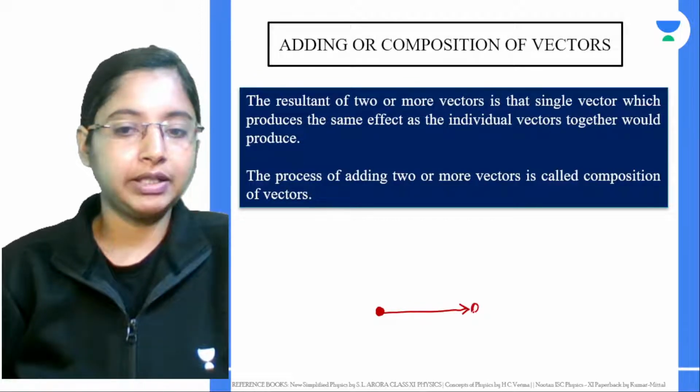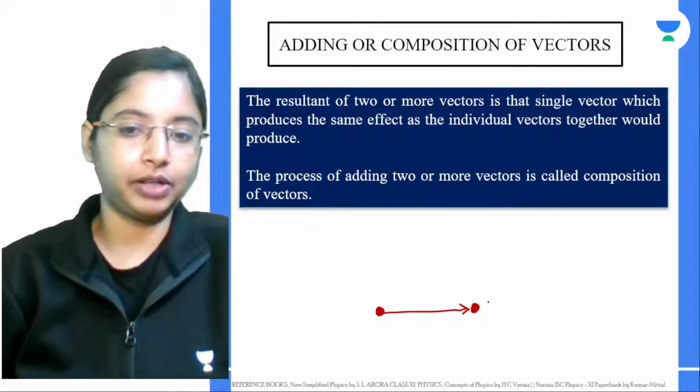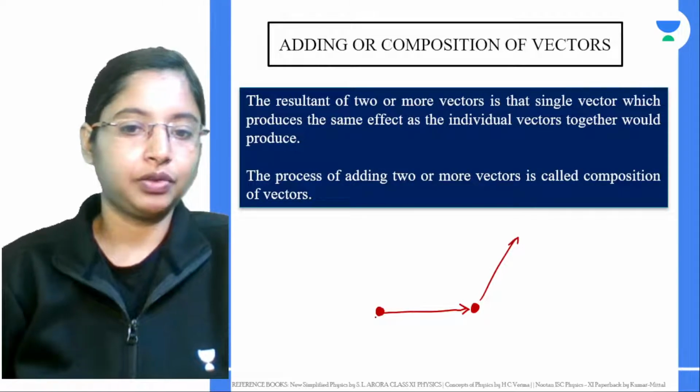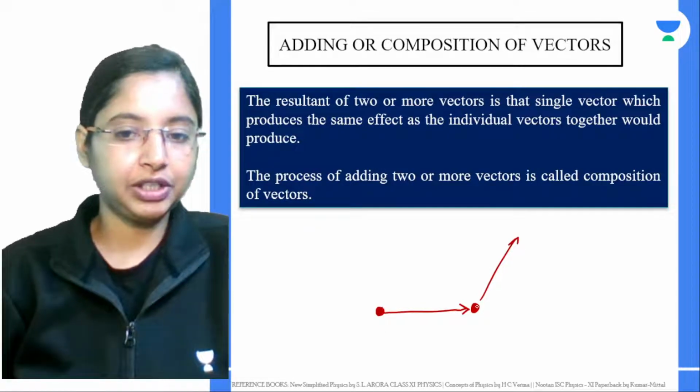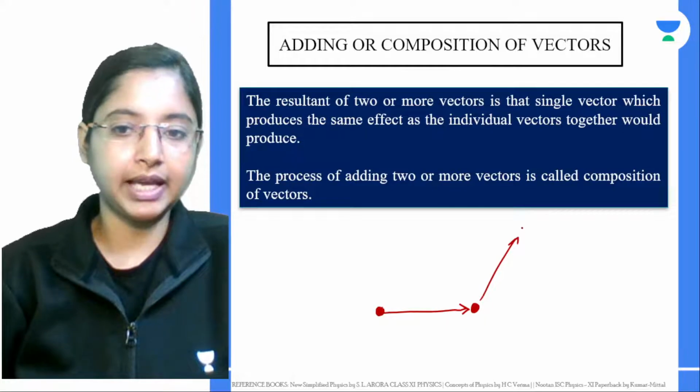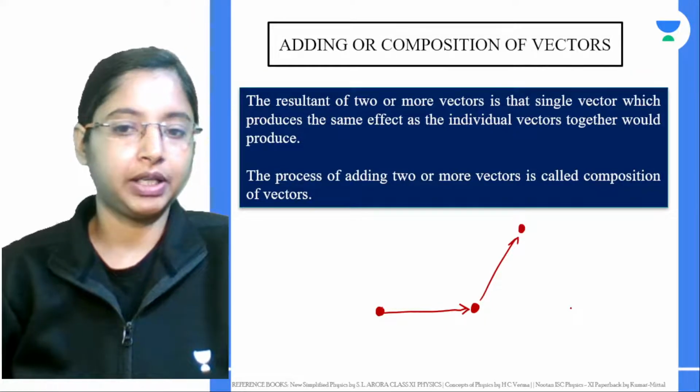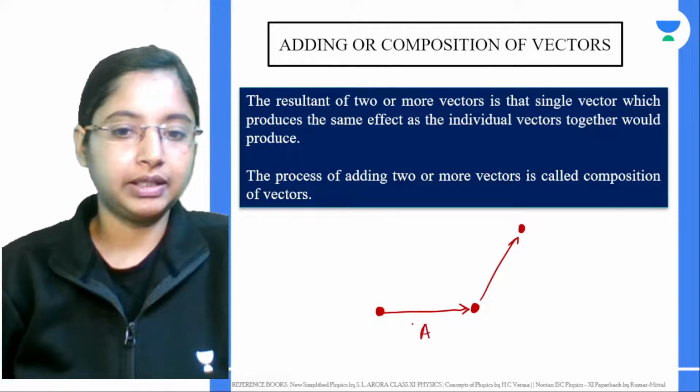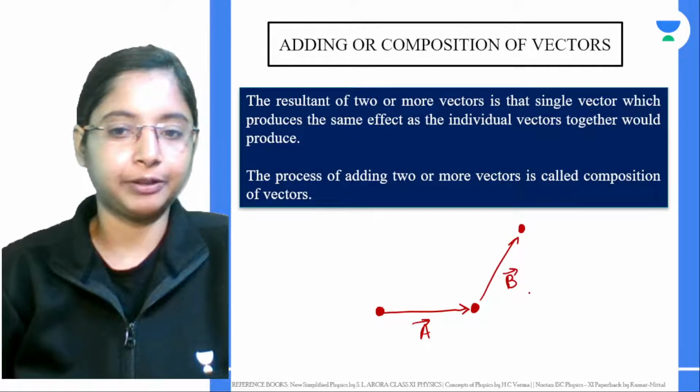And once it reached over here, let's say it is given another velocity, meaning you're hitting it with some other object and it gets a velocity in this direction. So it was displaced once, and again displaced another time. Right, so you can say this is A vector and B vector.